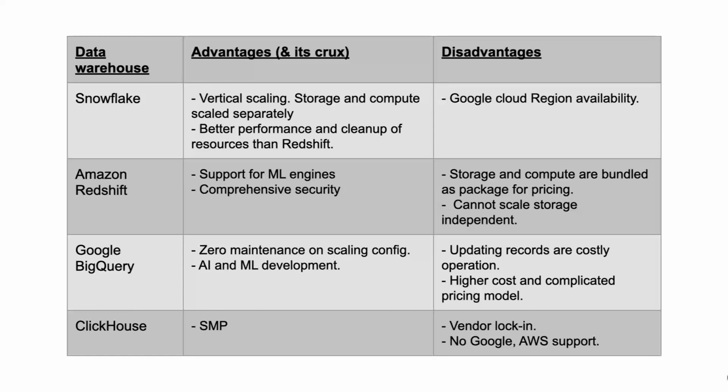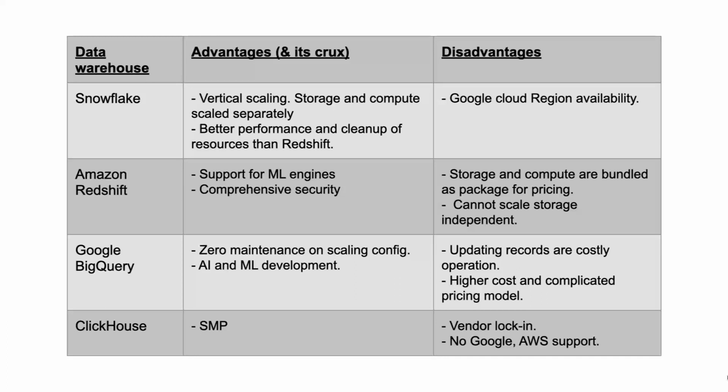The main advantage of that is it has very comprehensive security, and a DevOps person can tailor-make Amazon Redshift and secure it as much as possible. Also Amazon Redshift is tied up closely with different ML engines. So if you have an ML use case, then Amazon Redshift would be a better choice.